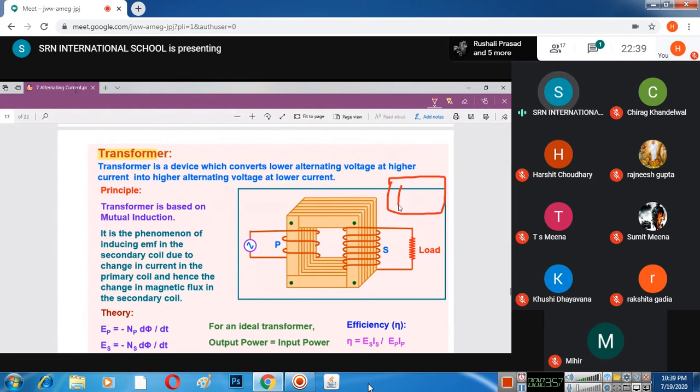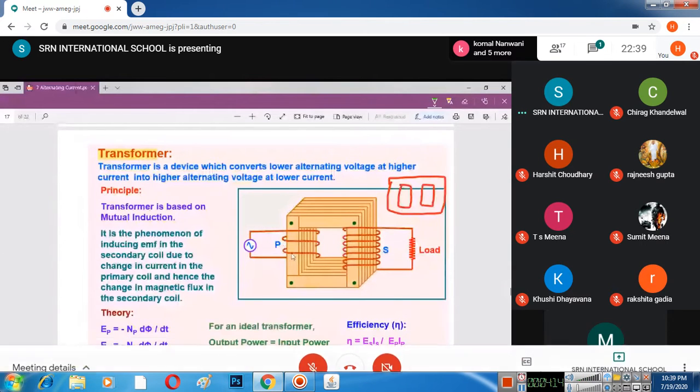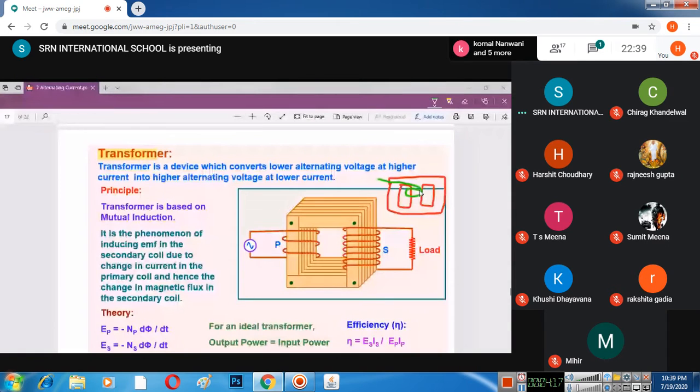The difference between them is, in the core type transformer you can see there is a primary winding and a secondary winding, and these two are separated. But in the case of the shell type transformer, both the primary winding and the secondary winding are on the same shell.